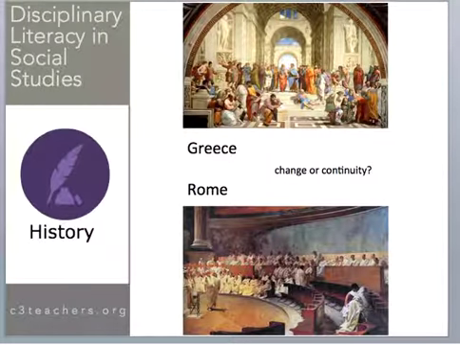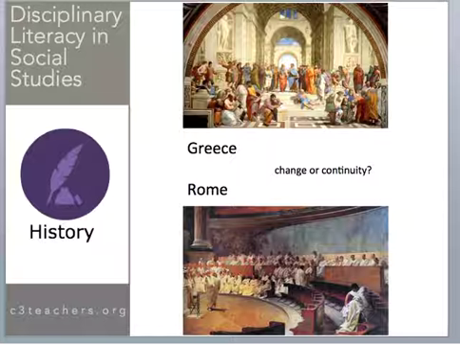Now I want to say a little bit more about these tools that relate to change, continuity, and context. We can provide students with lots of opportunities to practice these skills and use these tools through inquiry. An inquiry might include a task where students read about 2 related events in history and make judgments about whether and how these events represent change and/or continuity.